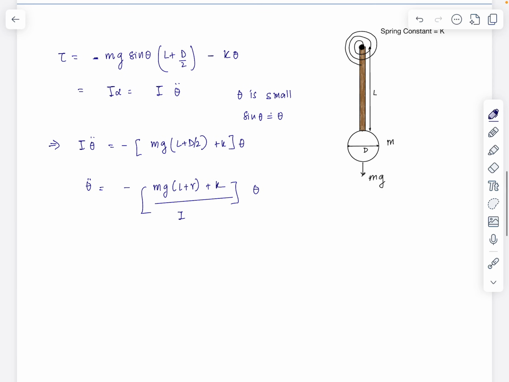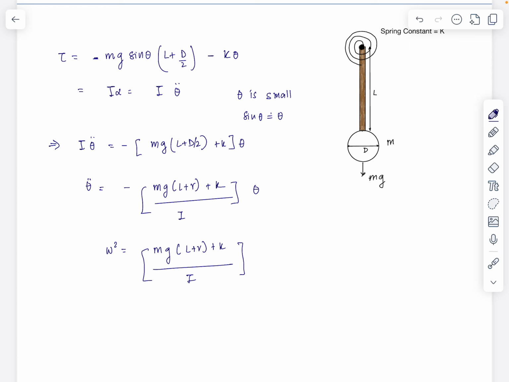So here omega squared equals (mg (L plus r) plus k) divided by I.